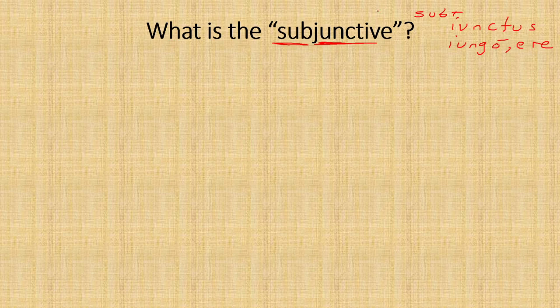So even in derivation, etymologically, the subjunctive means to be joined together with something, or to be locked in, or to be connected to. We're going to see that there are other uses of the subjunctive, particularly in chapter 22, that aren't dependent on another clause, but it is definitely true that the subjunctive is primarily based on how it functions with other main verbs.